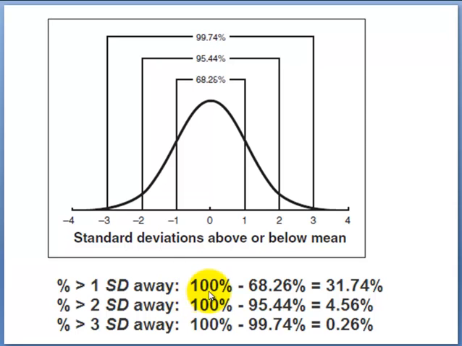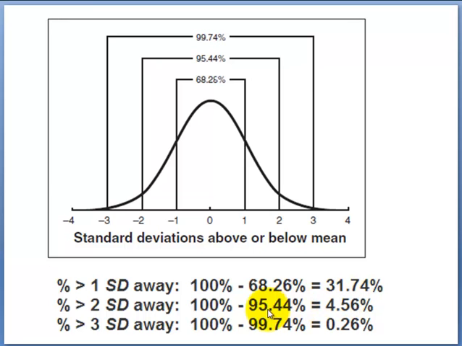Well, obviously there are 100% of cases in the normal distribution if we capture all cases, and we know that 68.26% are within one standard deviation. So we subtract out that 68.26 and we get our 31.74% more than one standard deviation away from the mean, both directions considered.